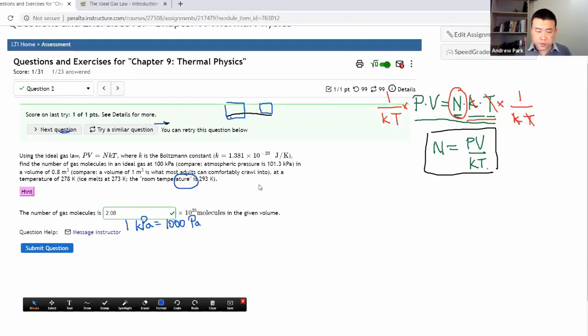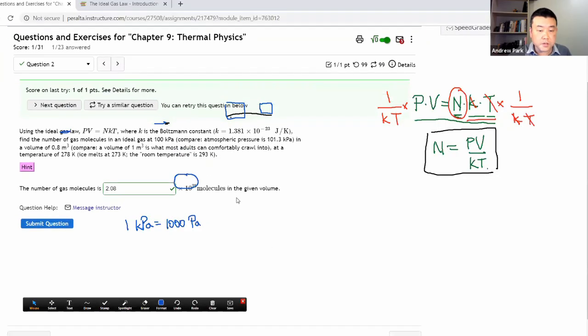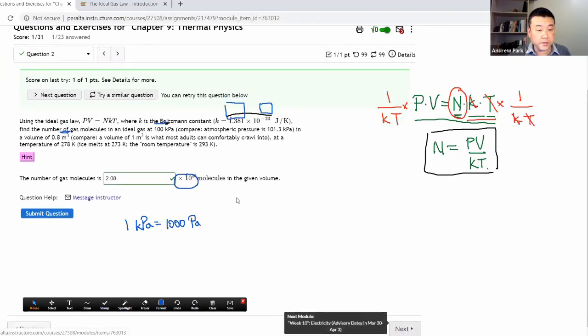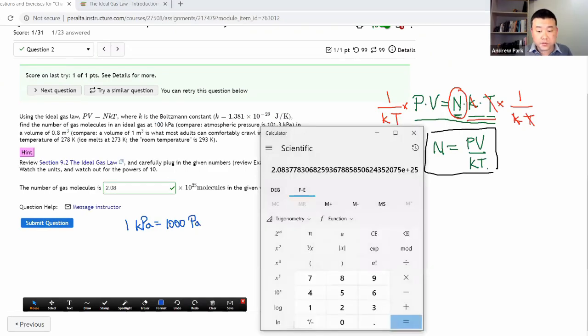What I want to show you is a second way to put the numbers into a calculator, in case you are using one where you can't use the E notation. Let me start from the beginning.